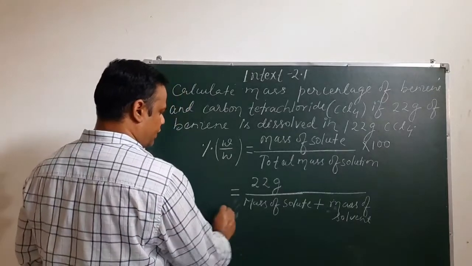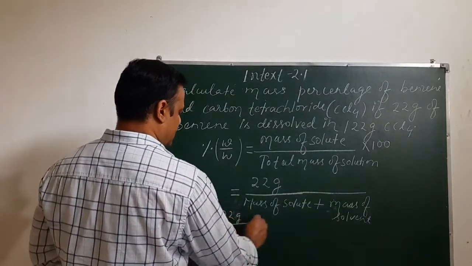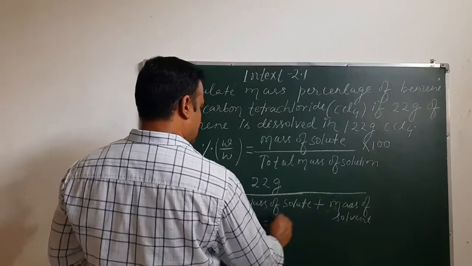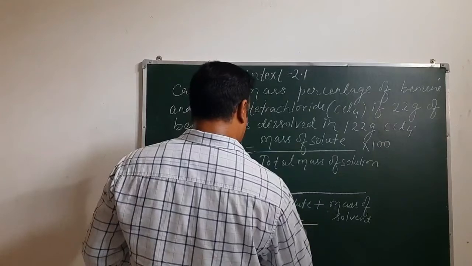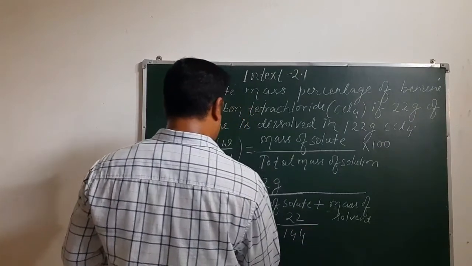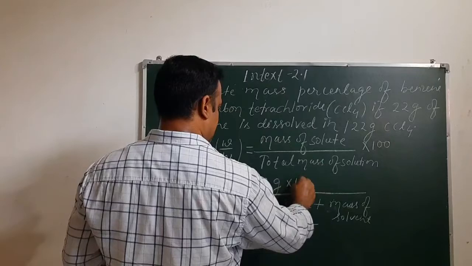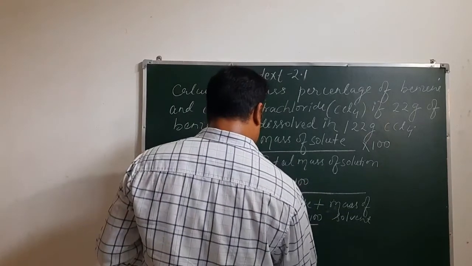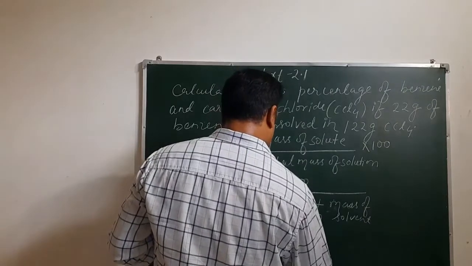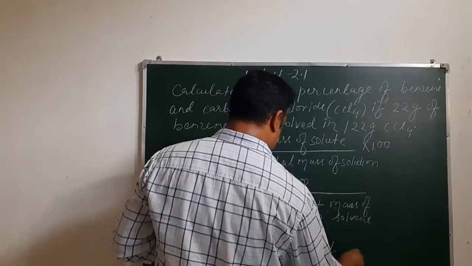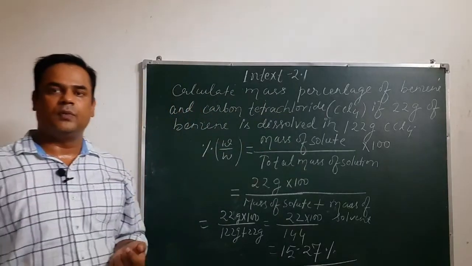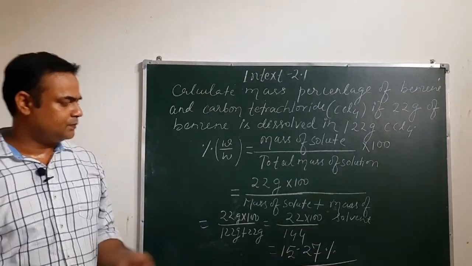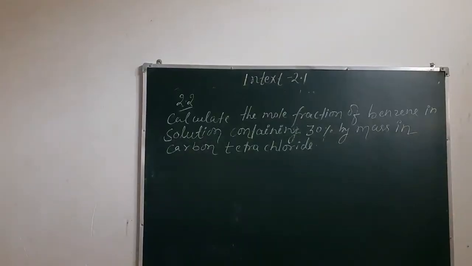So 22 gram divided by 122 gram plus 22 gram. This will be 22 divided by 144, multiplied by 100. This will be around 15.27%. So the answer of this question will be 15.27%.